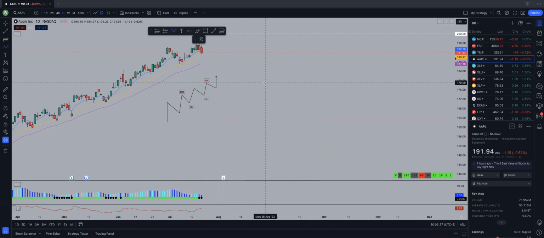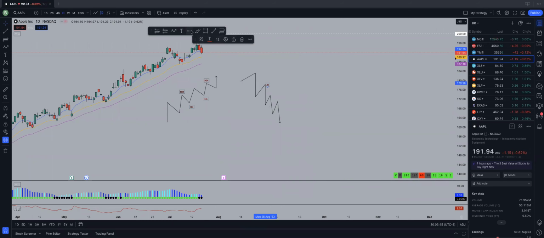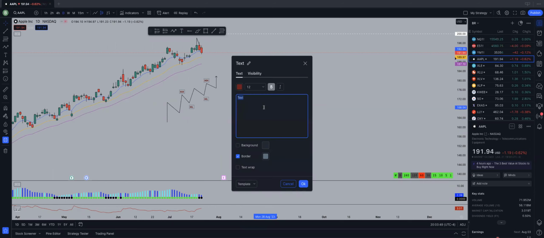And then we have a downtrend. So this is what a downtrend looks like. And to identify this, we have to look at lower highs. So lower high. And then there is a lower low.